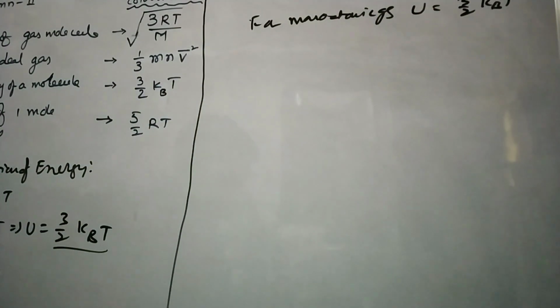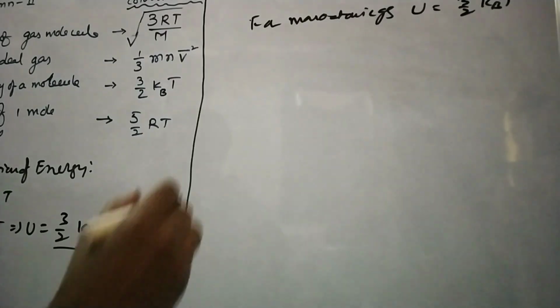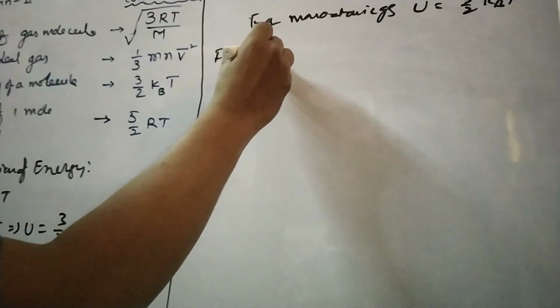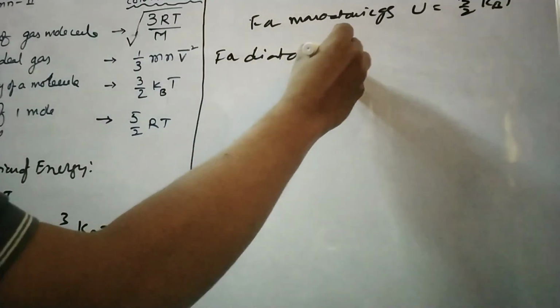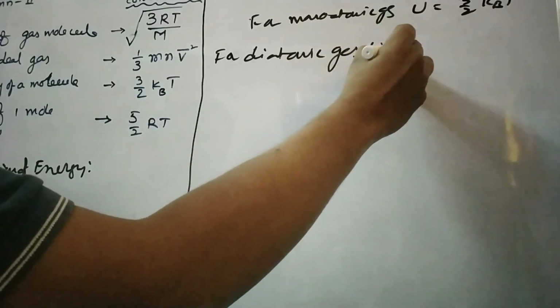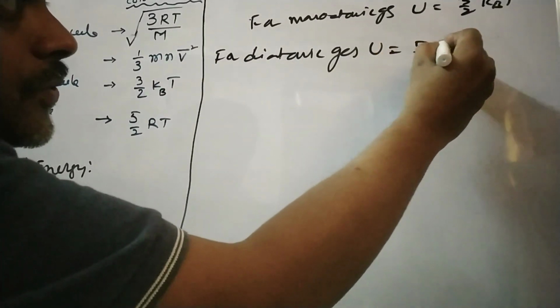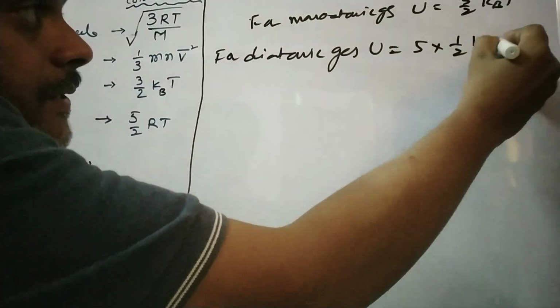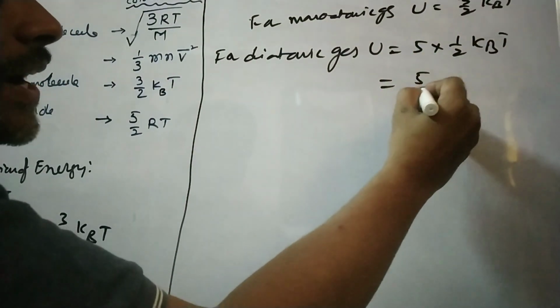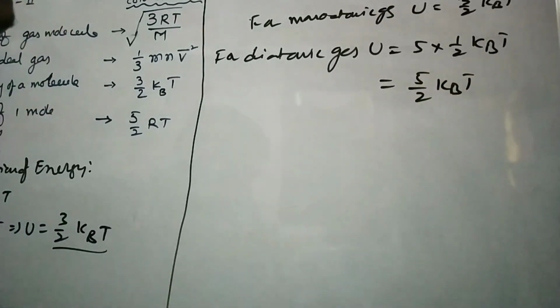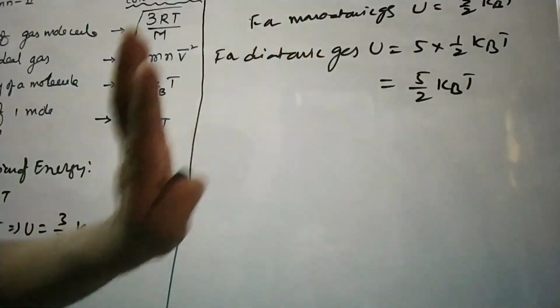Now for diatomic gas, the contribution is 5 into 1 by 2 kBT, that is equal to 5 by 2 kBT. This is the required energy.